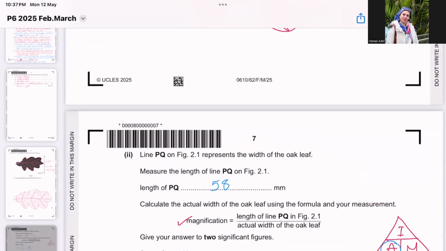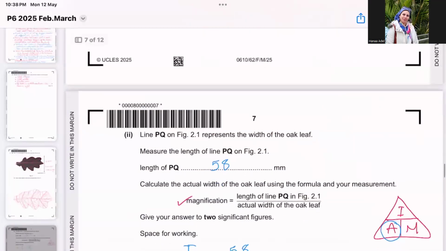So you have to know the magic triangle. What is a magic triangle? The magic triangle says I, M, A. And now we want to measure the actual width, so you just circle it, and you have to know what is the second part of the rule.